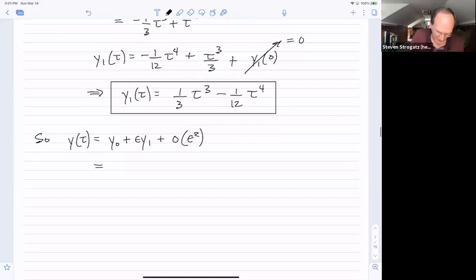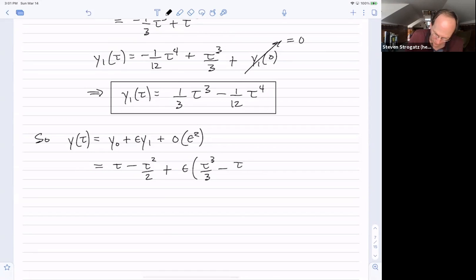It's coming out to be, in this dimensionless framework, tau minus tau squared over 2. That was my Y0 solution. Then plus epsilon times tau cubed over 3 minus tau to the 4th over 12 plus dot, dot, dot.